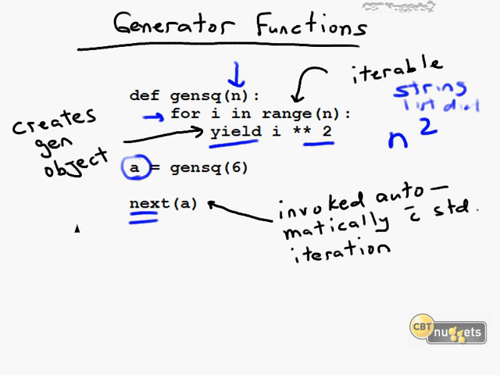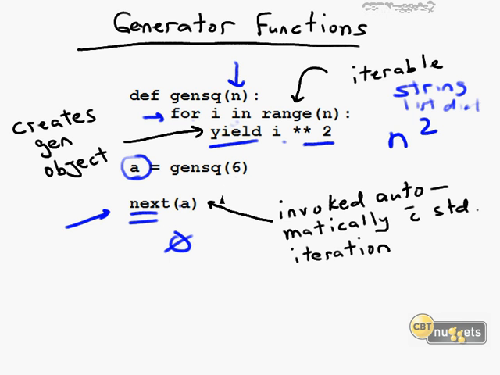The thing that's crucial to understand is that when you're using generators, you can then manually invoke the next member of that iterable sequence. So in other words, if we do next A, it's going to give us the very first value of for i in range 6, which would be 0. So 0 to the second power is 0. I'm telling you that the first time you invoke the next function passing in A, you're going to get 0 as your result.